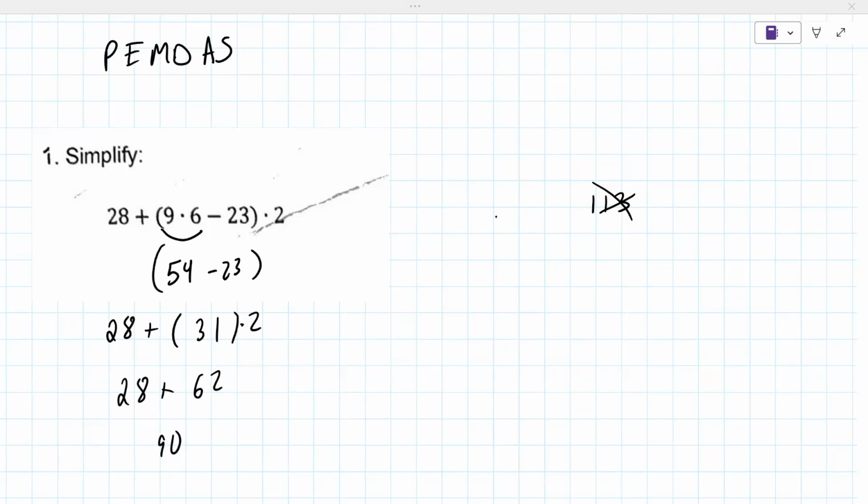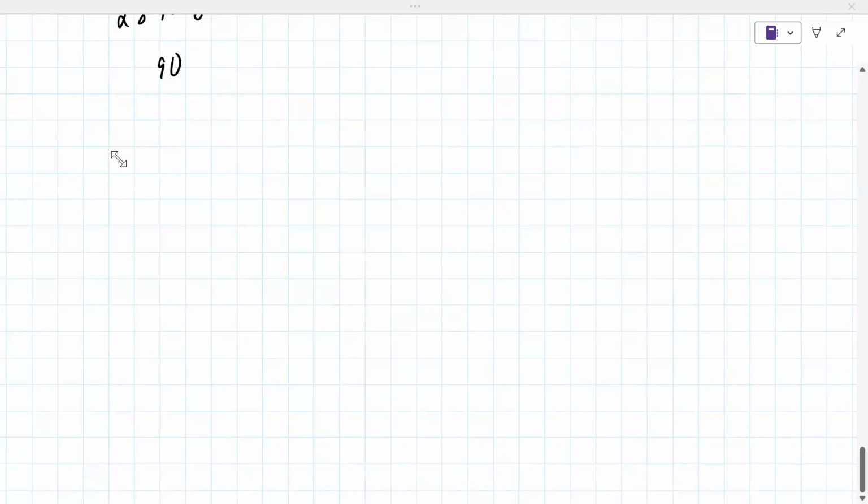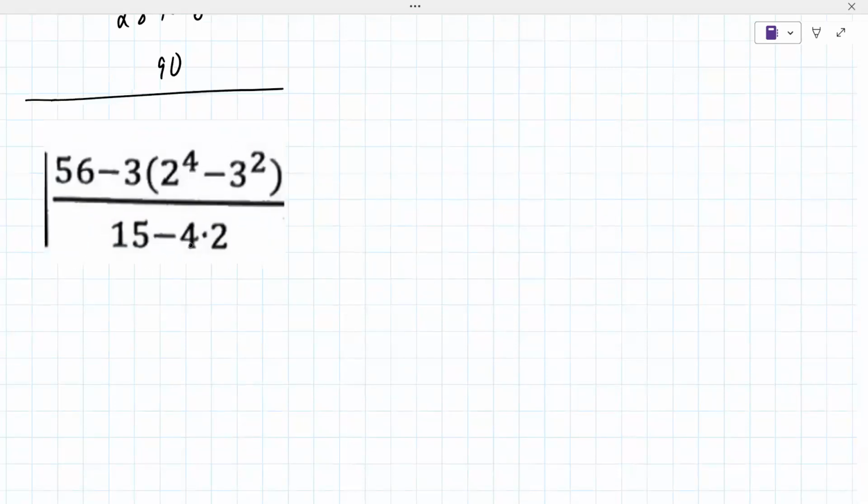I mean, it's not a fraction or anything. It looked a little bit awkward here. You can ignore that line there. It's just the top part over the bottom part.